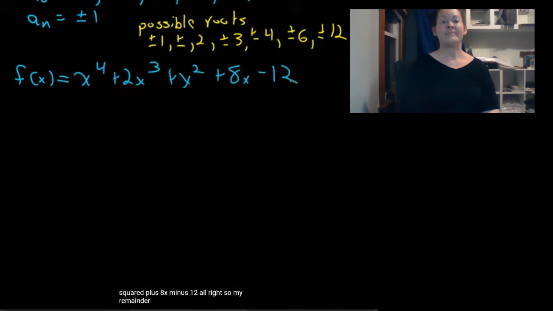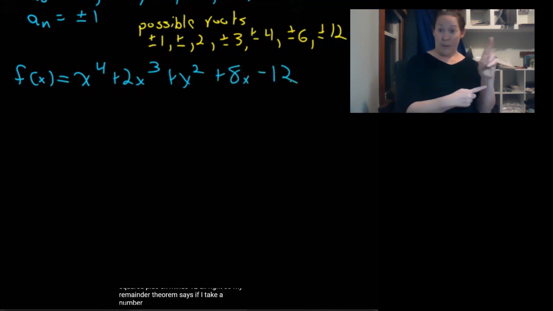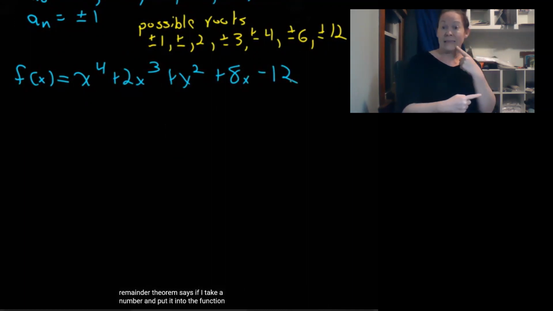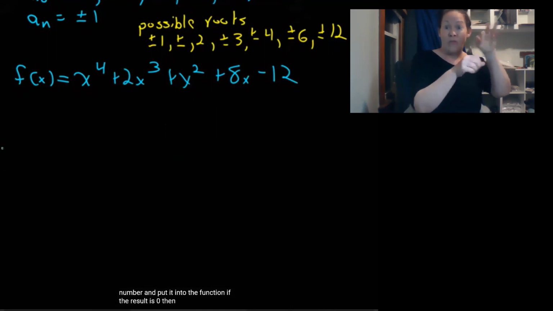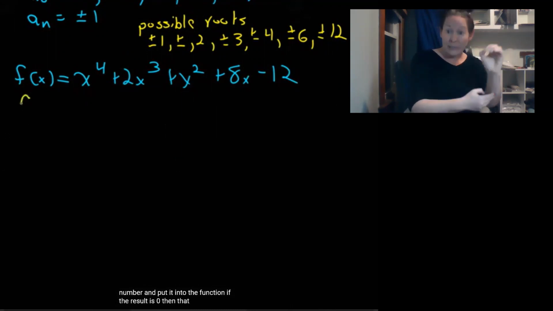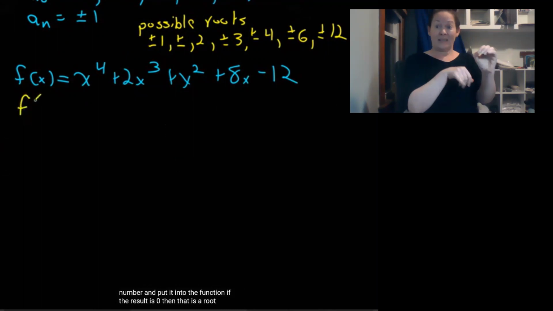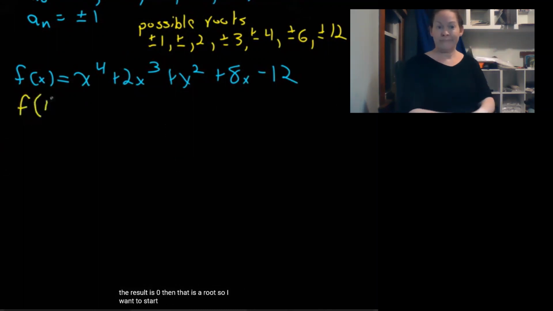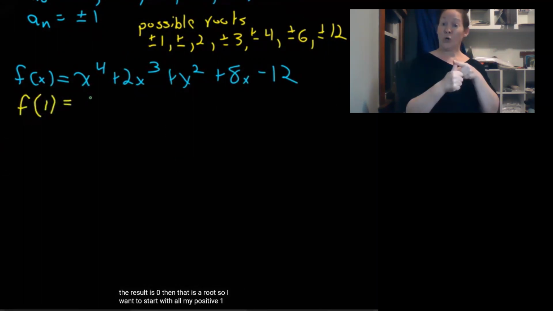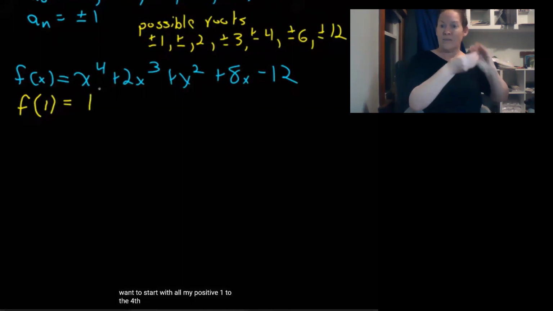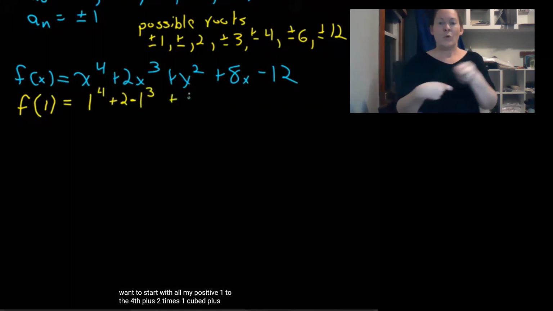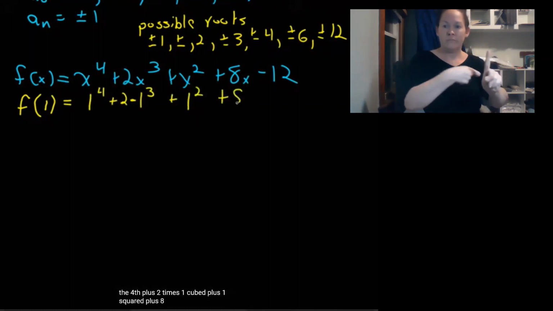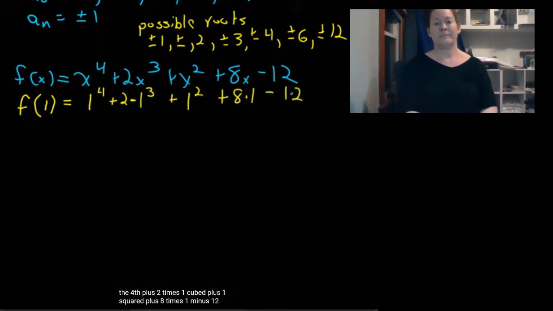All right, so my remainder theorem says if I take a number and put it into the function, if the result is 0, then that is a root. So I want to start with all my positives. 1 to the 4th plus 2 times 1 cubed plus 1 squared plus 8 times 1 minus 12.